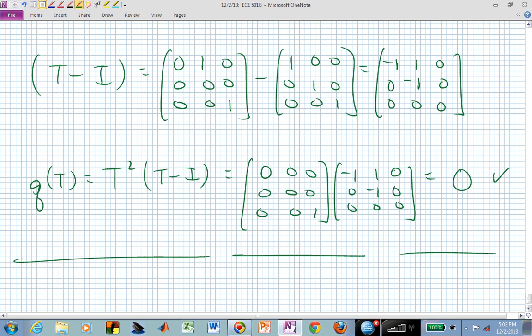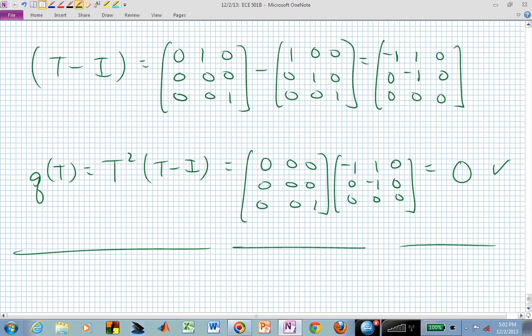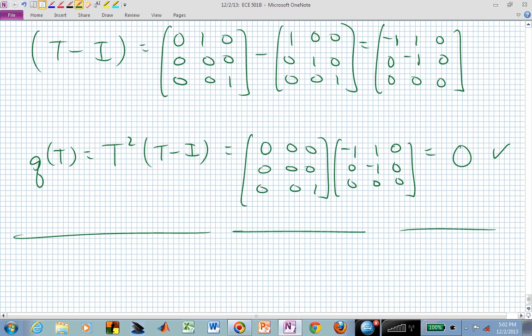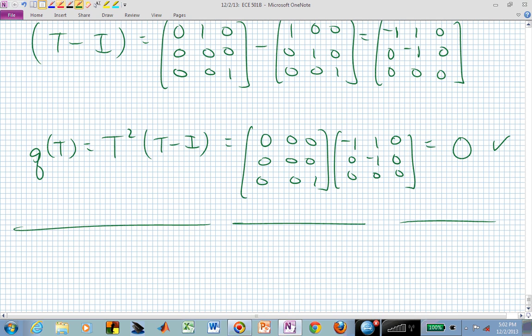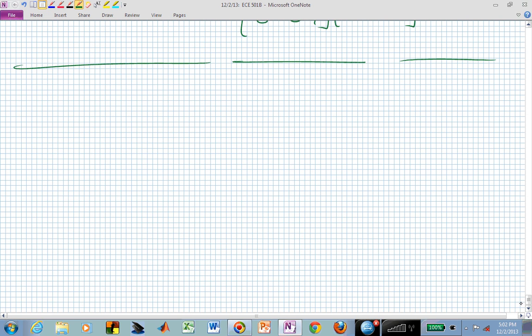Questions on that? So now let's look at what that tells us, or we can actually start to play a little bit more with polynomials of matrices and null spaces to actually give us a nice decomposition result. So here is the first piece of that. This is proposition 8.22.